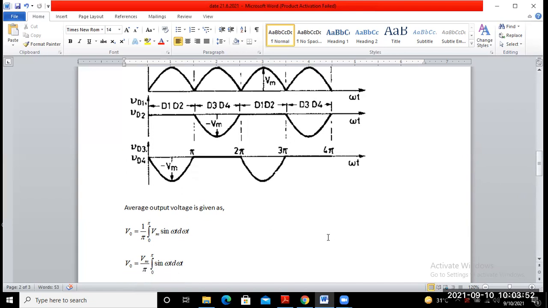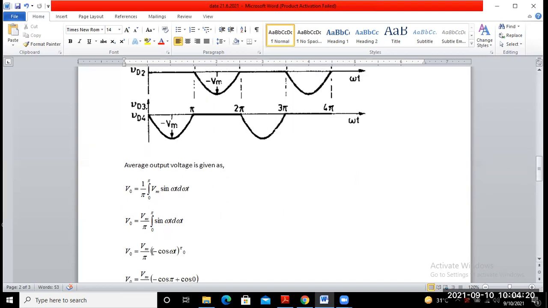What is the integration of sin omega t? It is minus cos omega t, and after that you put in the lower and upper limits of 0 and pi.